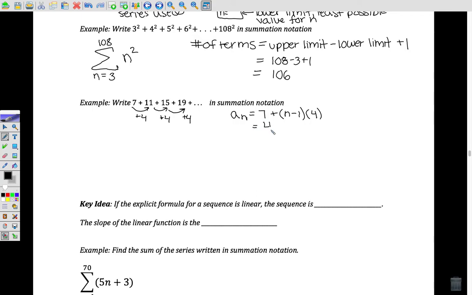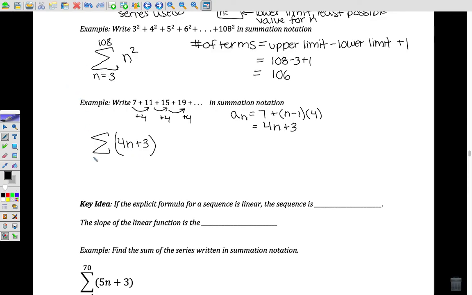So this gives me 4n plus 3 as the explicit formula. So I'm going to write my summation notation. The explicit formula is 4n plus 3. It's really important that I put the explicit formula in parentheses, especially if it's more than one term like that.